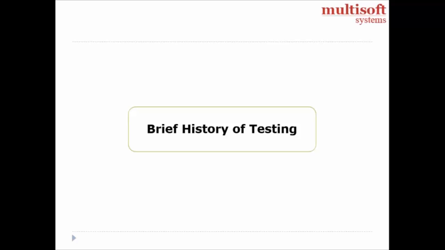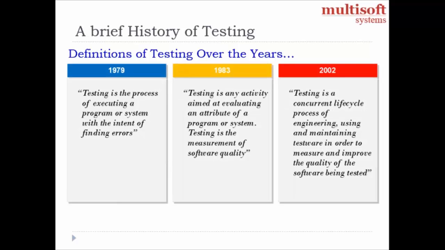Once they received the application, they started testing it with the intention of finding problems in the application. That's how testing evolved from one period to another. So now it has a very significant kind of momentum.